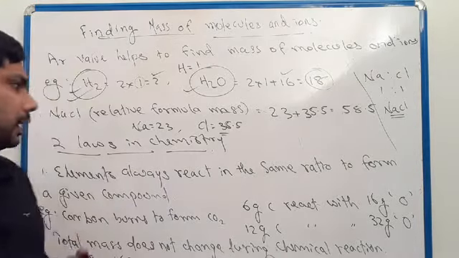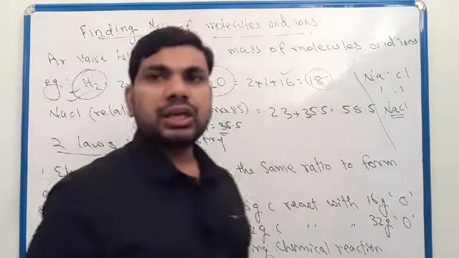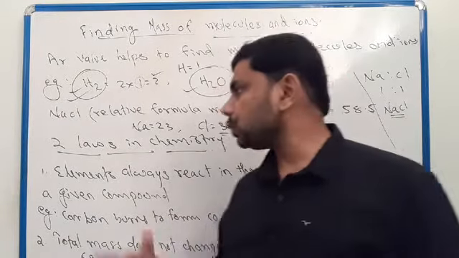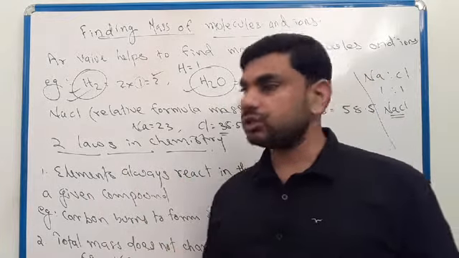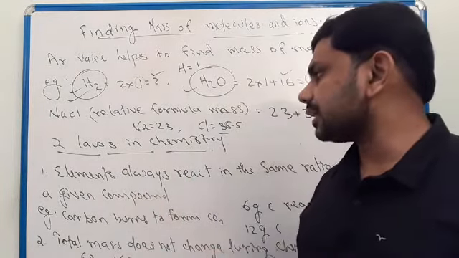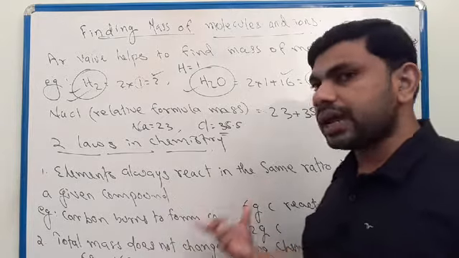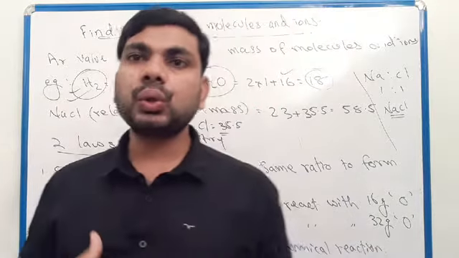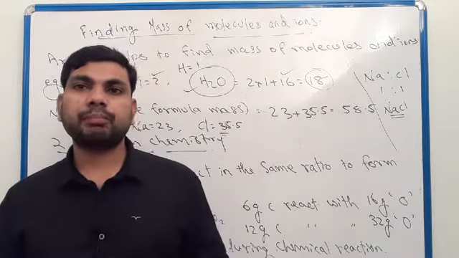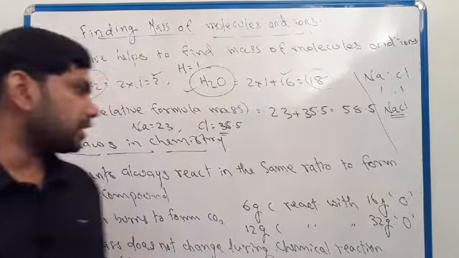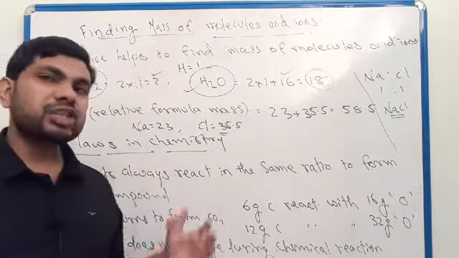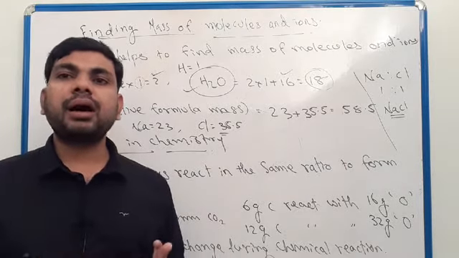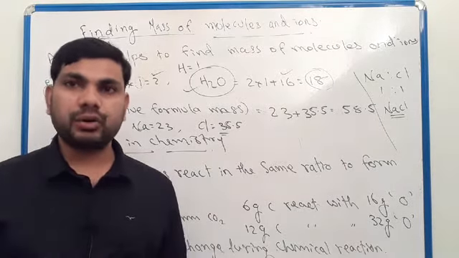Clear? Next we have to understand 2 laws which are used in chemistry, 2 laws used in stoichiometry. These 2 laws are related to chemical reactions. The first law says that elements always react in the same ratio. For example, we know carbon, after burning, forms carbon dioxide.